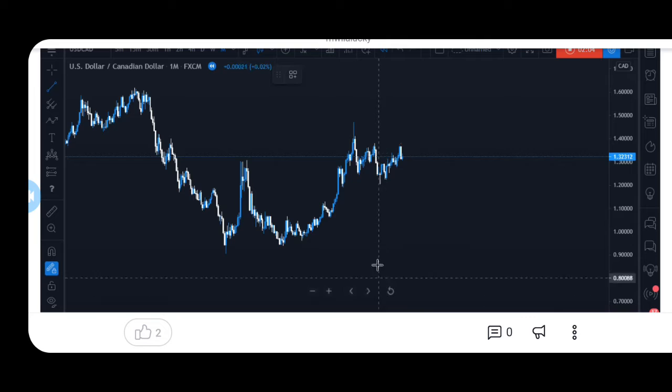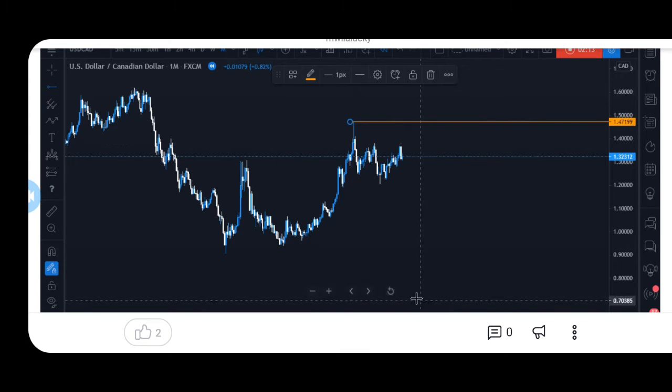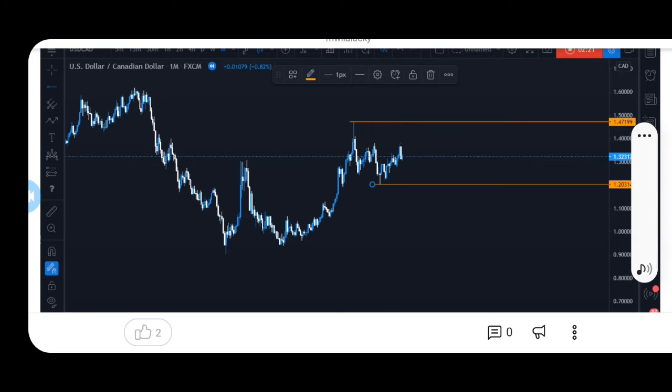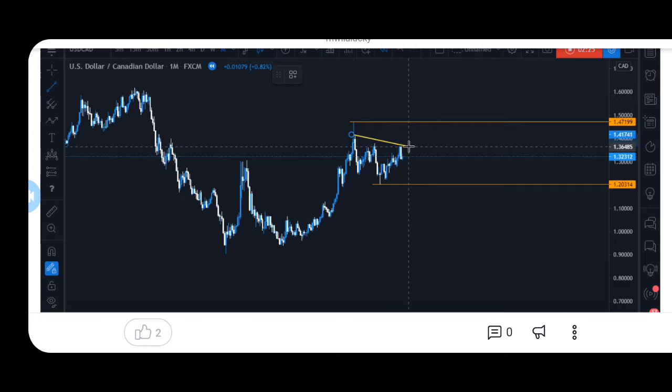So we will be looking for more buy opportunities, more opportunities to go long in this one. We'll put our ley lines on the highest point, as you can see, and our other ley line on the lowest point. Then we'll move down to the lower time frame to see the exact structures that we have.